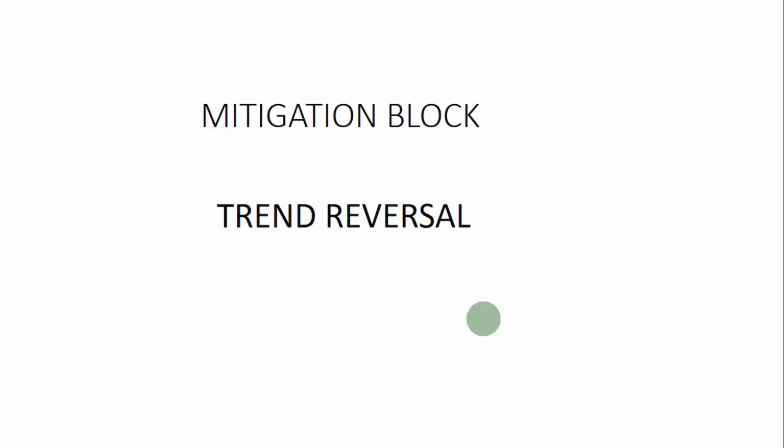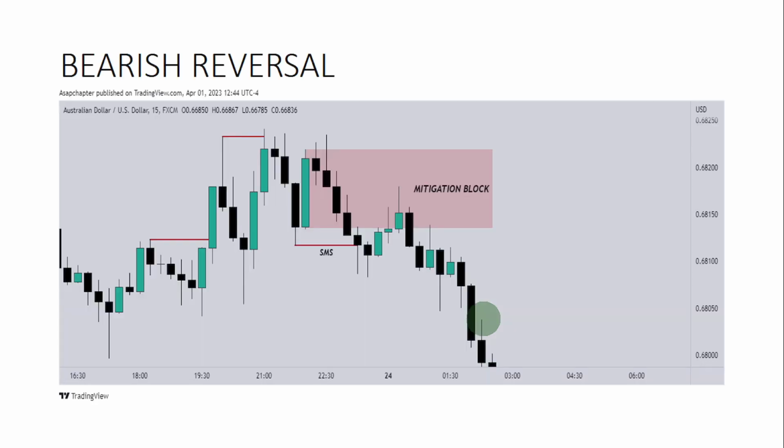Now let's look at mitigation blocks in trend reversal. But first of all, we're going to look at the bearish scenario. For a bearish reversal, you can see that prior to this reversal, we were bullish. Price makes a higher high, pulls back, breaks structure higher, pulls back, breaks structure higher, pulls back.